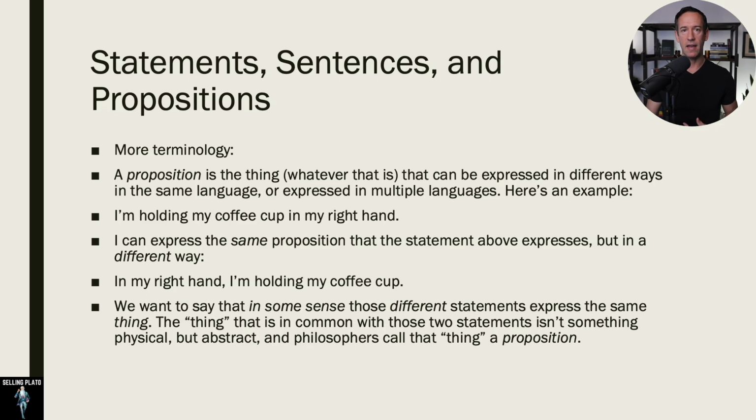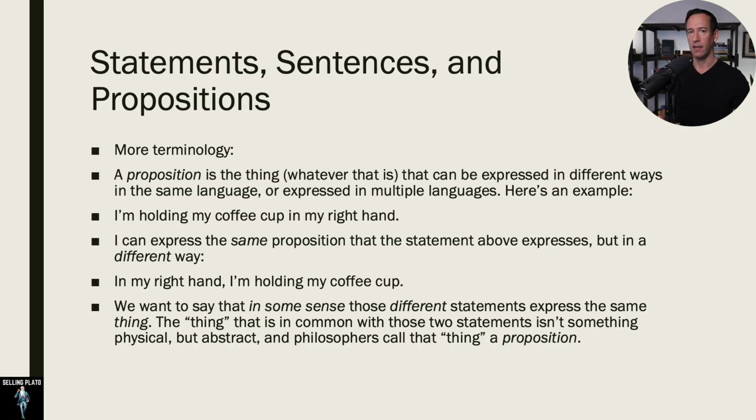Well, we want to say that in some sense those different statements are different in terms of word order, those sorts of things, but they express the same thing. So the similarity there, we want to say it's the same proposition that's expressed in just different ways.